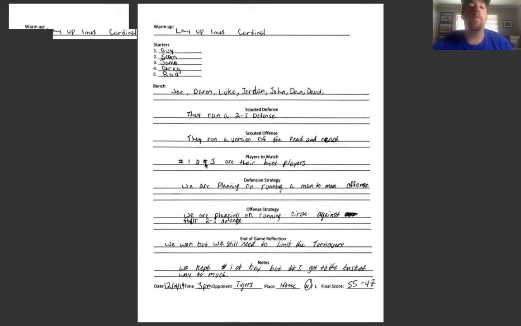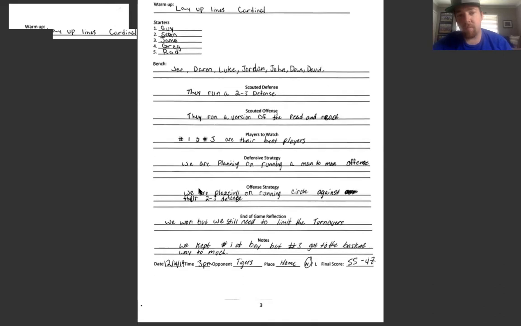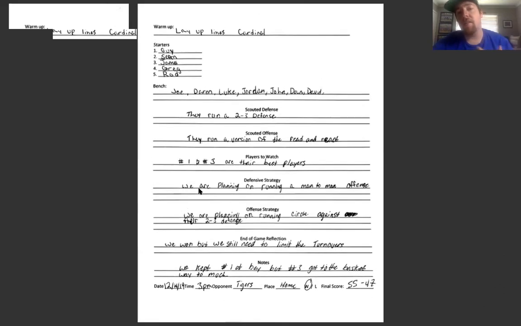You can basically pinpoint a player that you need to keep an eye on, and that's what I did right here. Basically, what's your offense and defensive strategy? So what are you going to do to stop them from getting to the basket or stuff like that? So that's simple stuff right there.